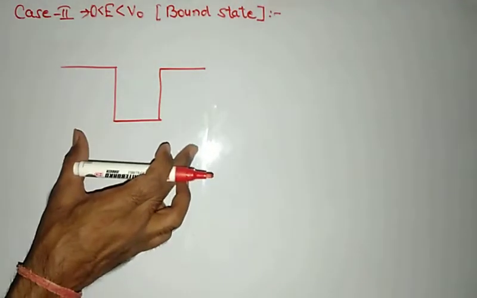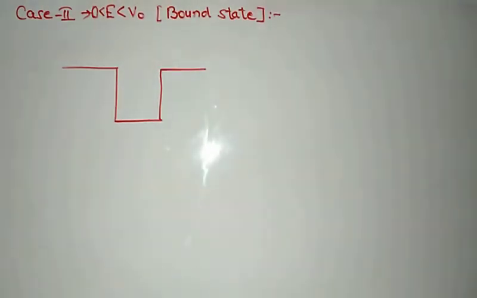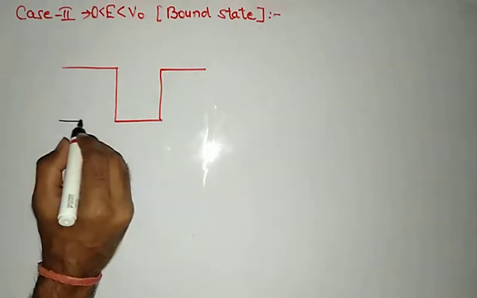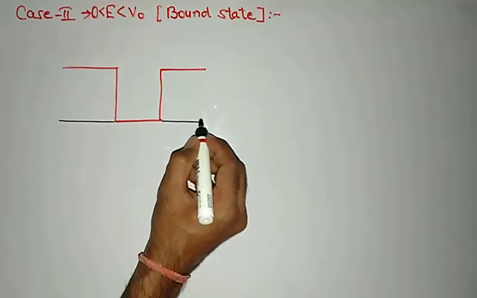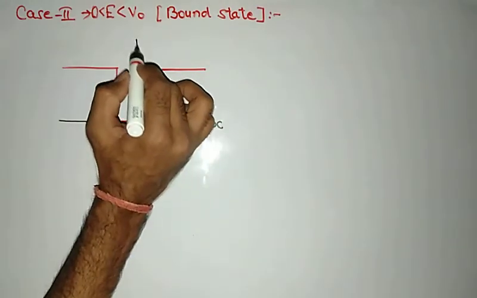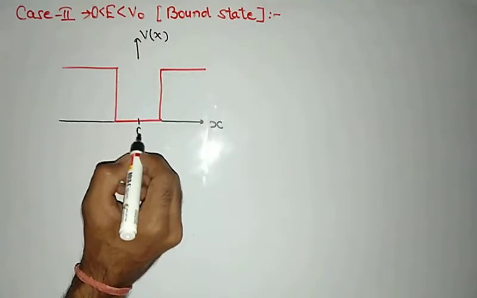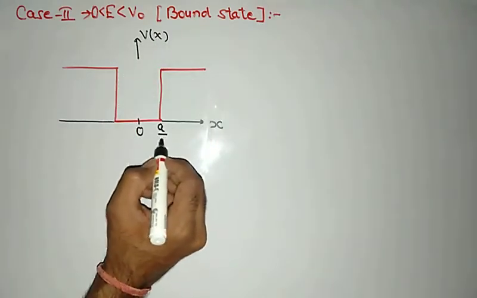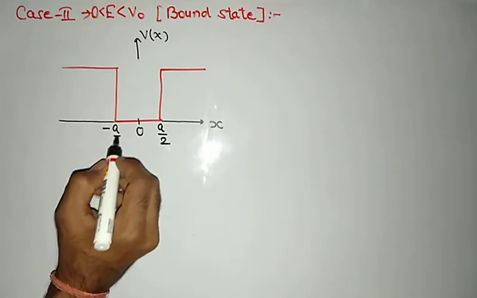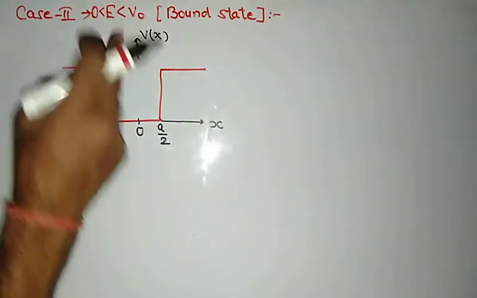Forming the square well potential, this is the x-axis, here Vx at 0, same a by 2 and minus a by 2, but here the energy of the particle is lesser than V naught.